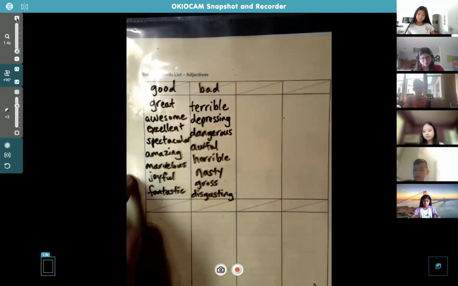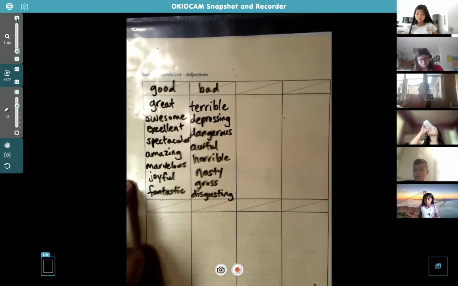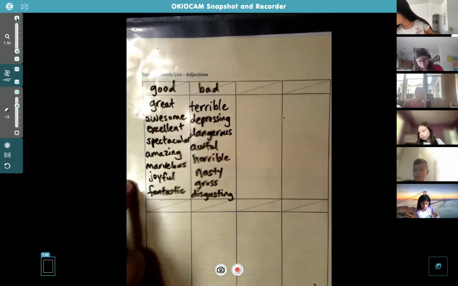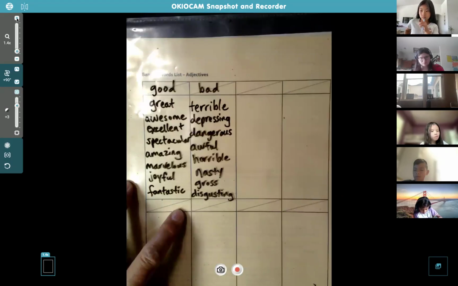I know my light is glaring a little bit there. There we go. My list is full, but like I always say, there's lots more. So if you ever want to use like a thesaurus to help you come up with a different one, if you're not happy with one of these, look up the word good and see if you can find the one you want. But from now on, no more good and bad.